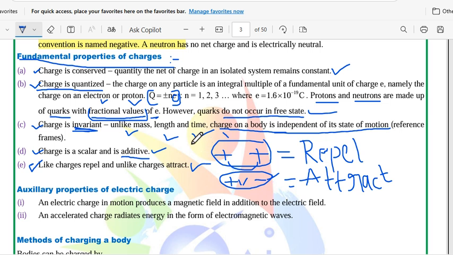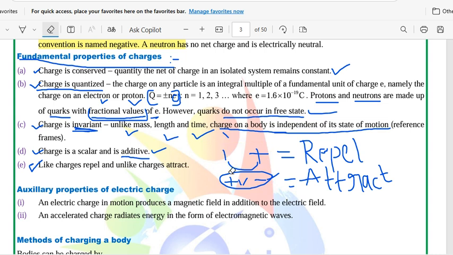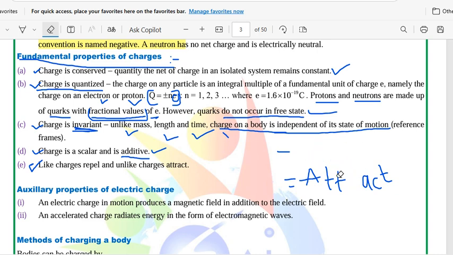So dear students, this is all about the fundamental properties of charges. Let me have a small discussion about the quantization of charge, or the number of charges. How will you calculate the number of charges? Let us discuss.